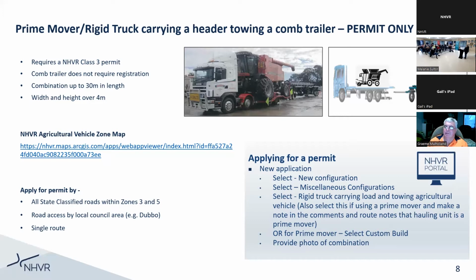The hitch becomes a road trailer, which then means the rear trailer, which has got the cone on it, has to conform with normal registration, brakes, everything else. That's where we're at the moment. This one's only mentioned because the trailer is not compliant, so we just have to have a permit for this configuration.